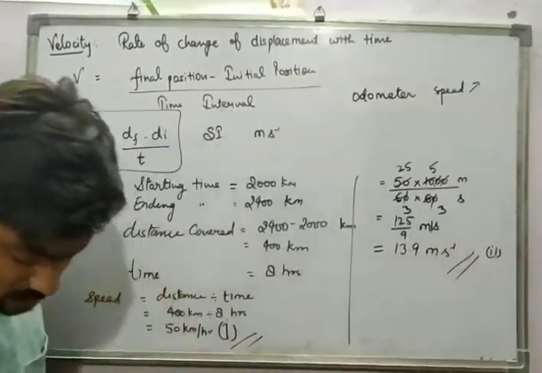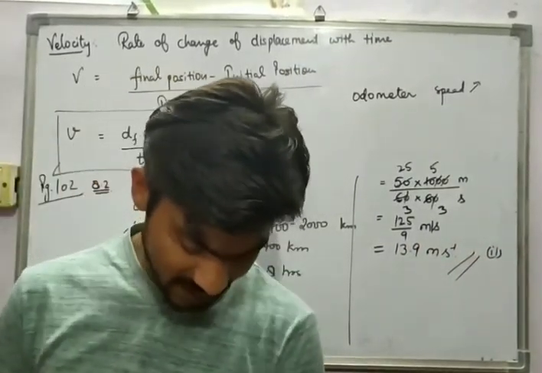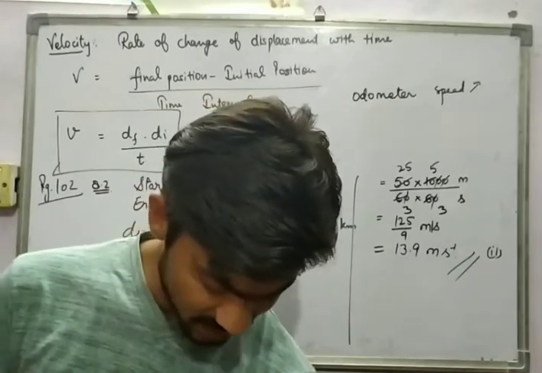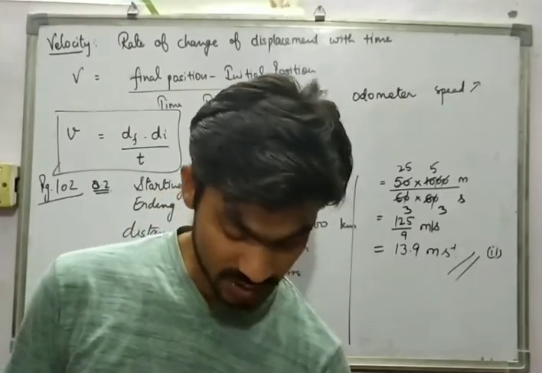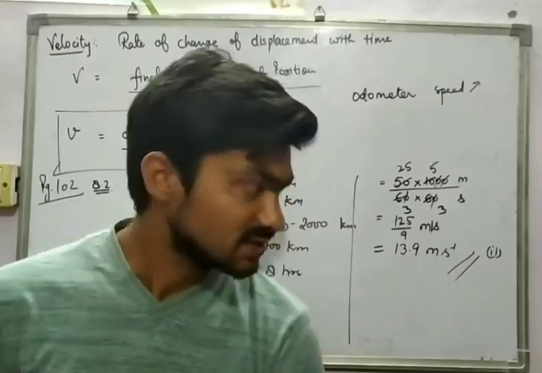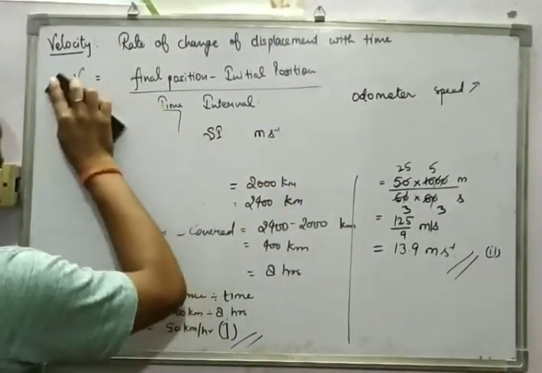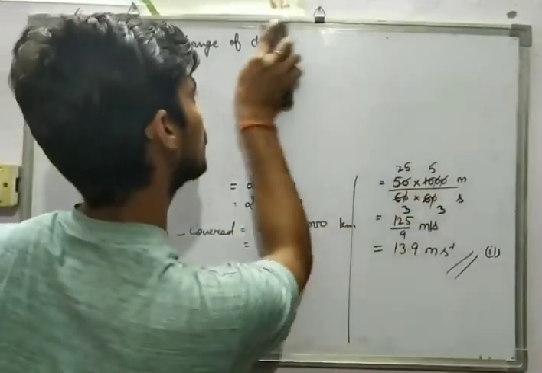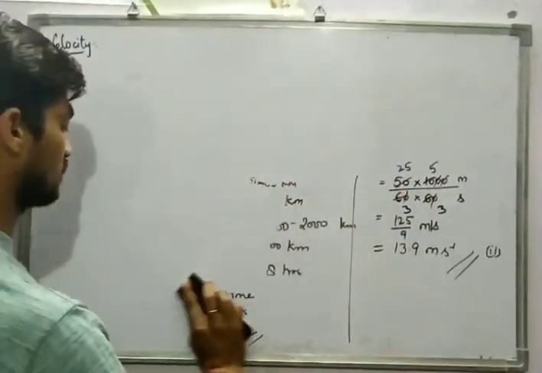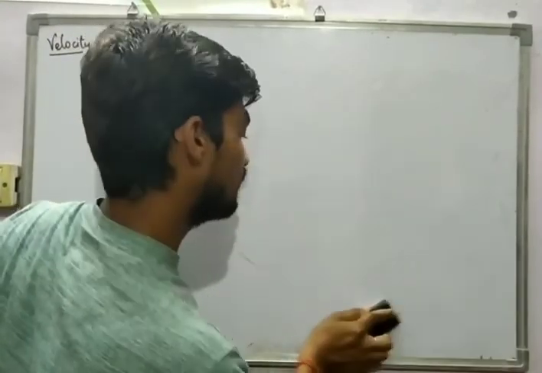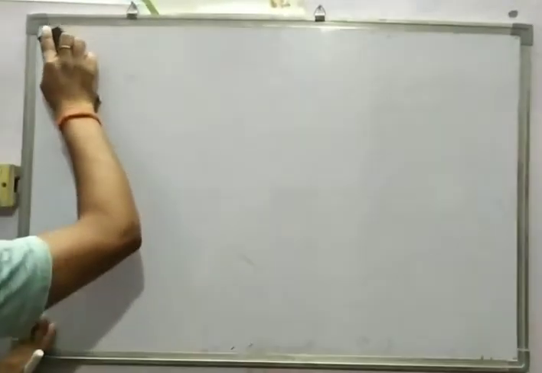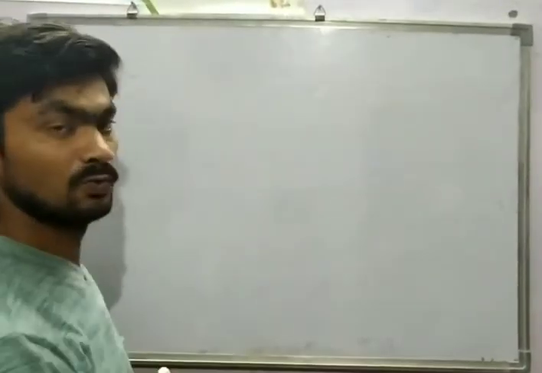Like the second you can also solve, and then after this the term comes, that is rate of change of velocity. So let us see what is the rate of change of velocity. See, if there is change in the position of an object, we get the concept of speed and velocity.